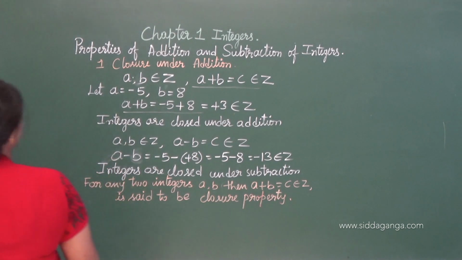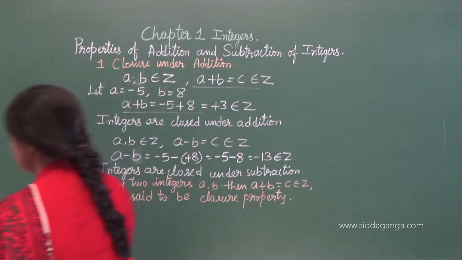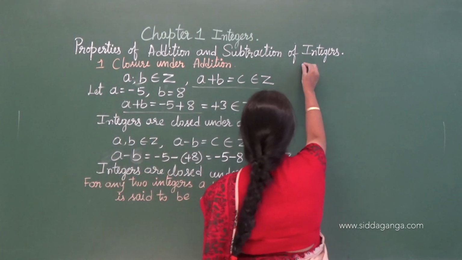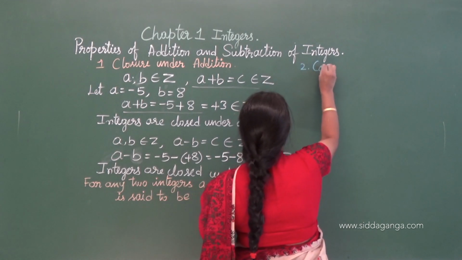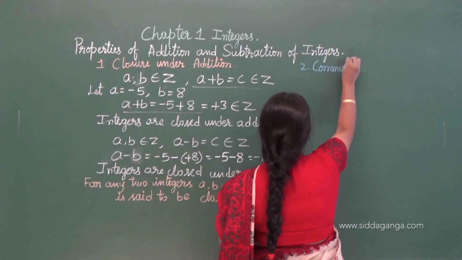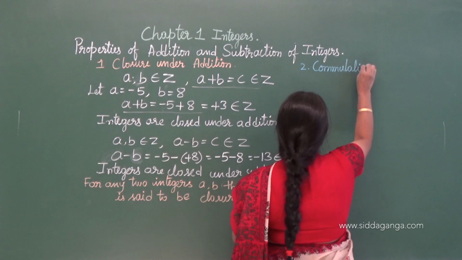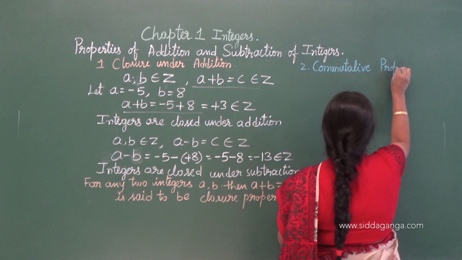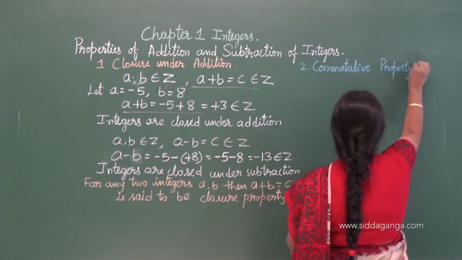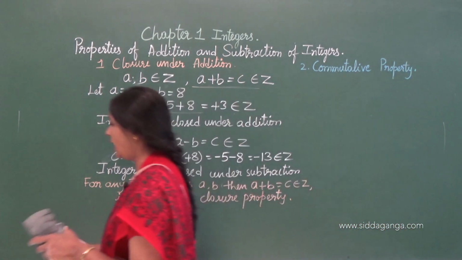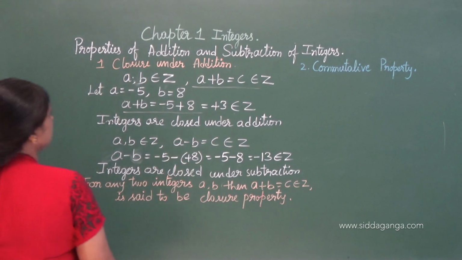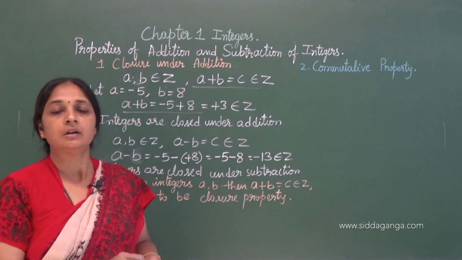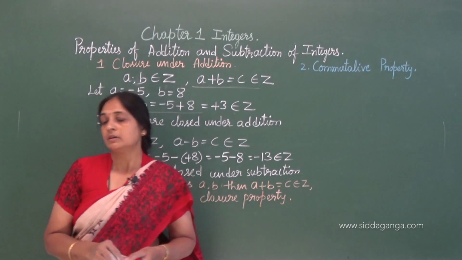Okay, let's move to the second one, that is commutative property. Here also we have one condition. Here we take any two integers and we add both of them.